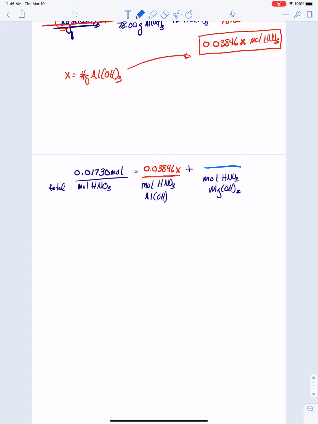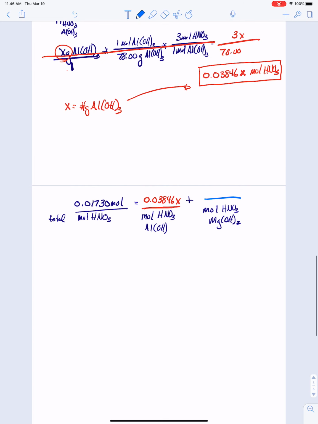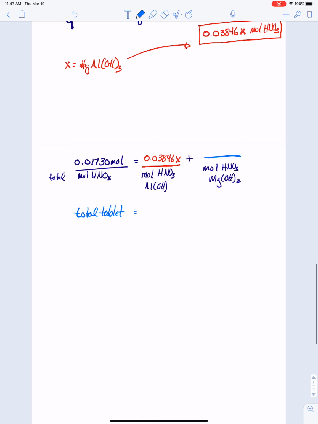So we're going to make an assumption. We're going to assume that the mass of the total tablet, we're going to ignore, and this is like an assumption. This is one of those things you have to assume that throws problems off a little bit. The total tablet, whatever the mass of the tablet would be, we'll call this made of X grams of aluminum hydroxide.